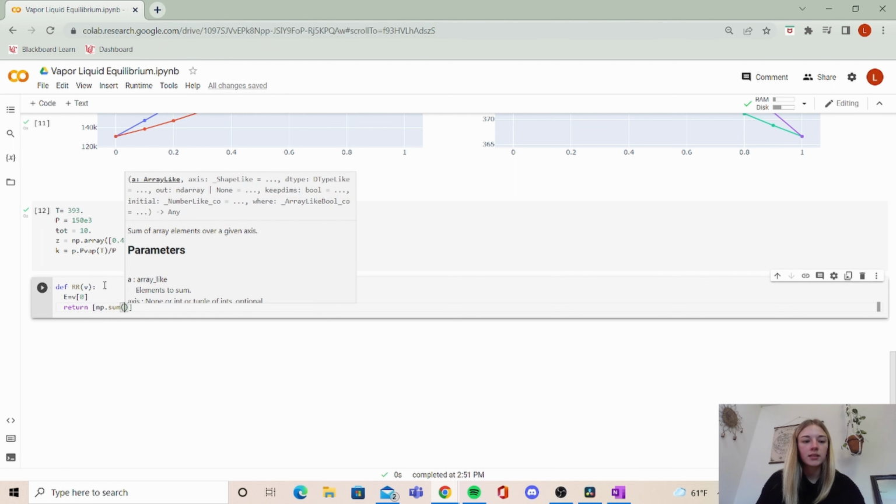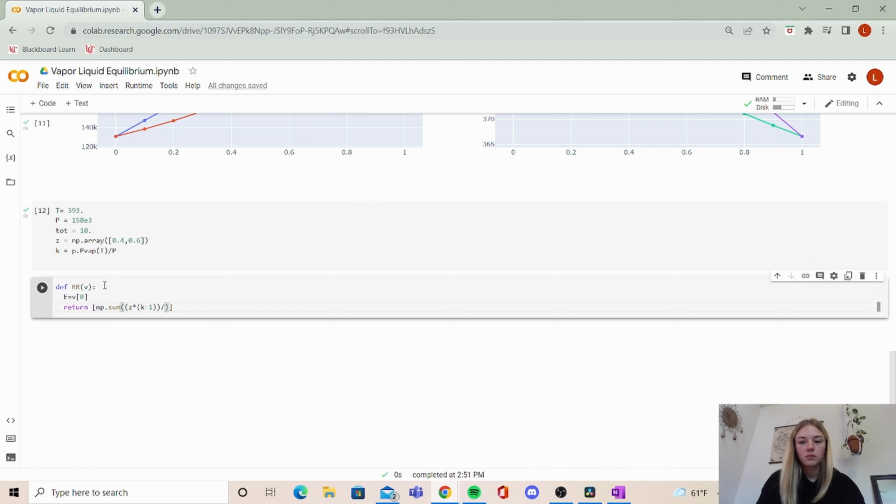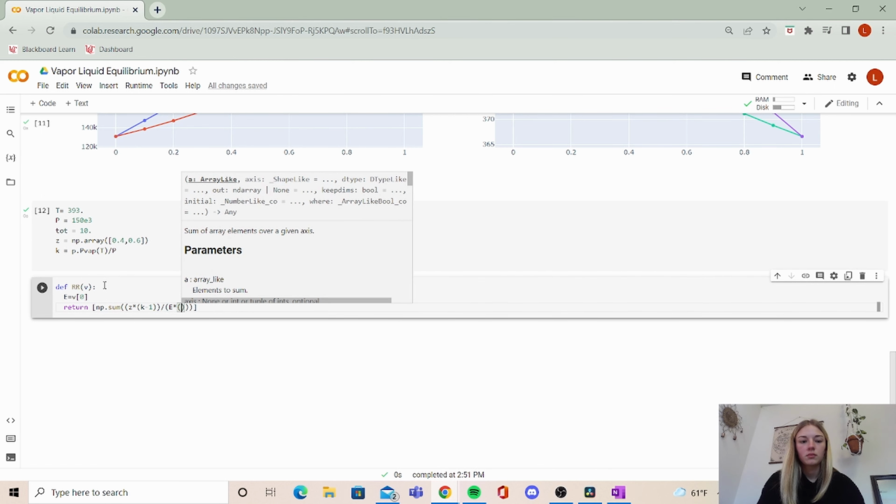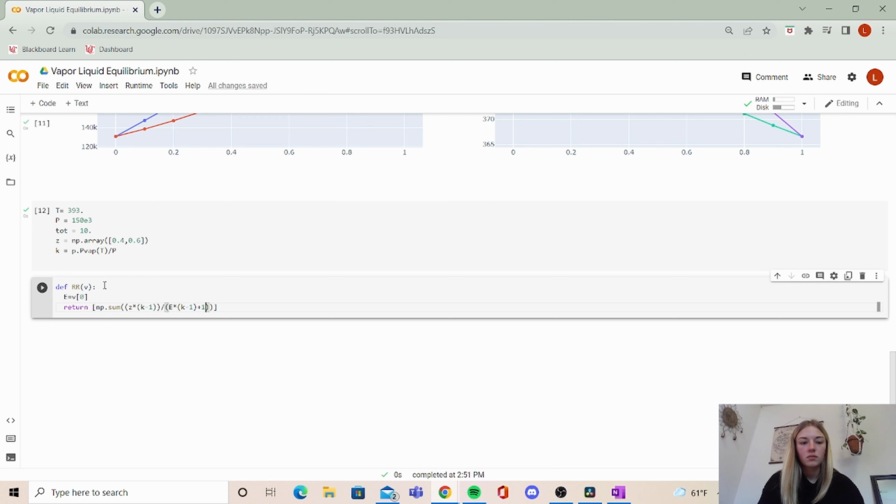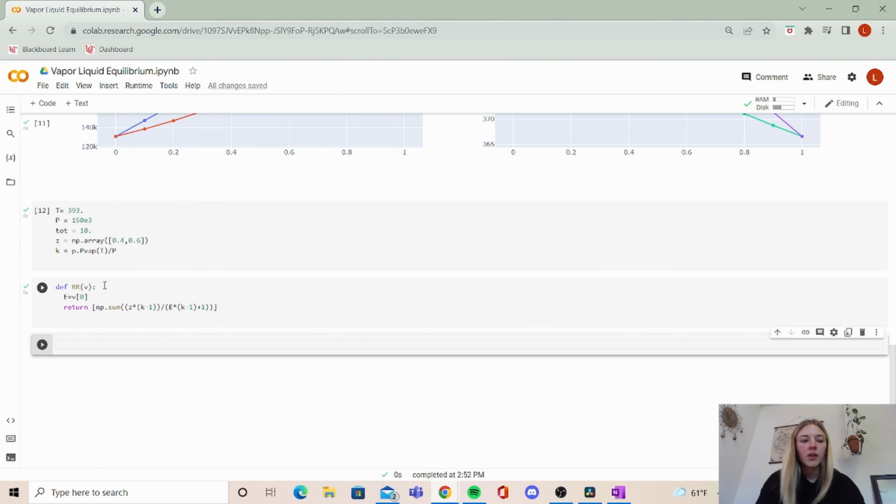So I'll go ahead and type in our equation here. Okay, so since we only have one unknown that we want, it's going to be E. So if you remember from our summation equation from the last video, where that E was, there was a V over T, which is the flow rate of the vapor going out of our flash drum, and T was the flow rate going into our flash drum.